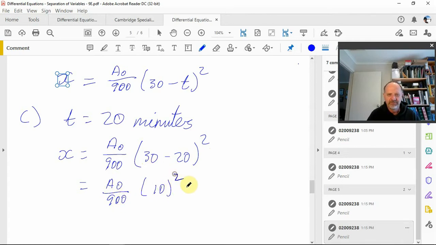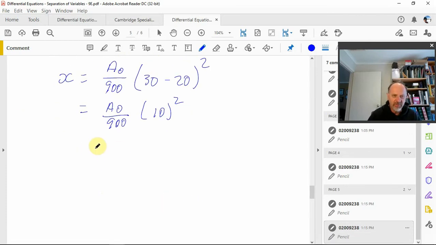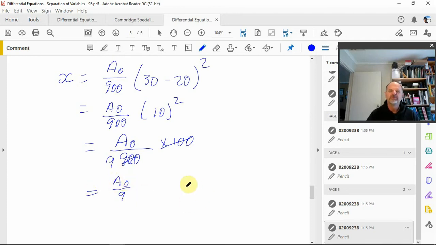Squared, and so that would be A0, how much we started with, over 900, times 100 here, and 100 goes into 900 nine times, so it's A0 over 9, and that can be written as 1/9 times A0.